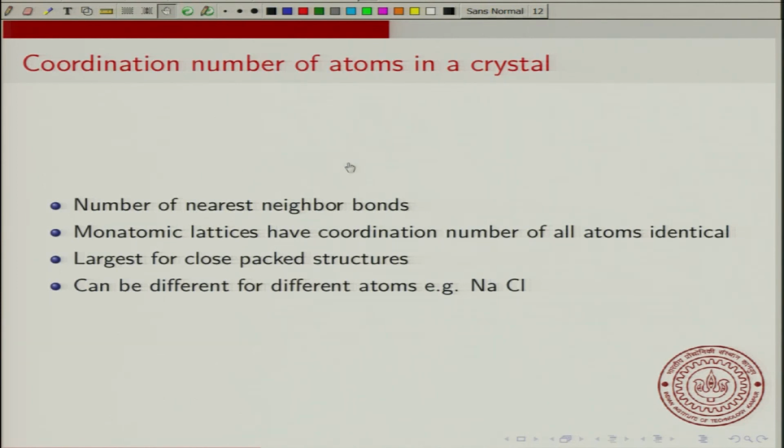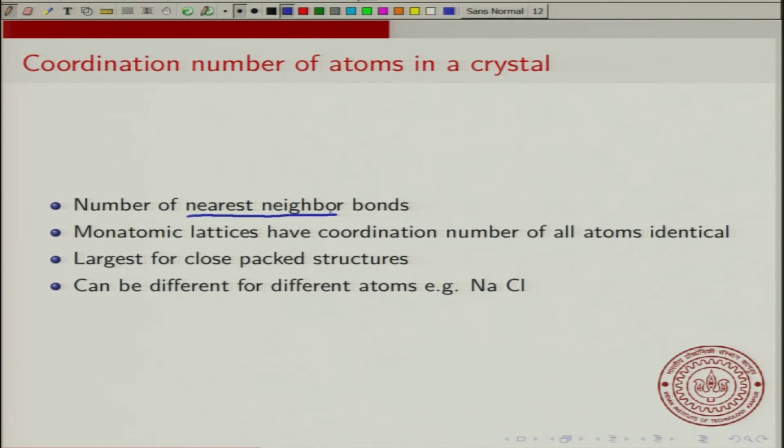If you have an atom in a crystal, then its coordination number is simply the number of nearest neighbor bonds that atom has. So, you just count how many other atoms it is closest to, and that number will be the coordination number. The important point is that you have to look only at the nearest neighbors.